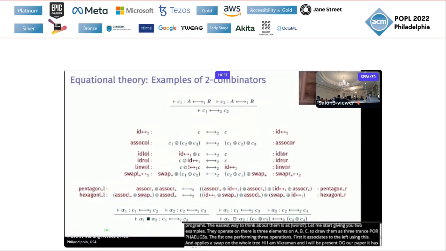And also you need some other complicated coherence conditions like pentagon and hexagon. And also these two combinators can be composed in different ways. So it turns out that these equations correspond to coherence conditions of symmetric Rig groupoids, and that is what we will establish in this work.